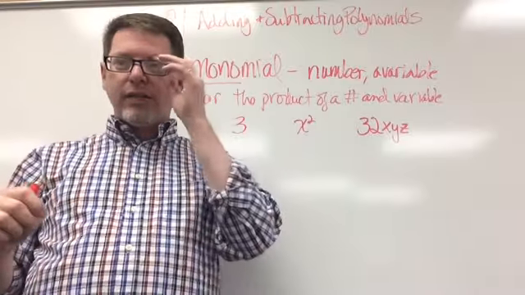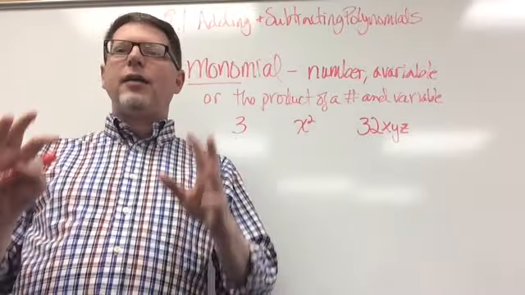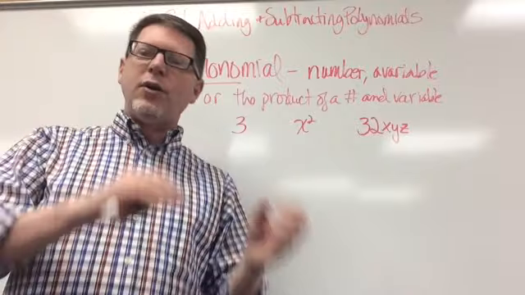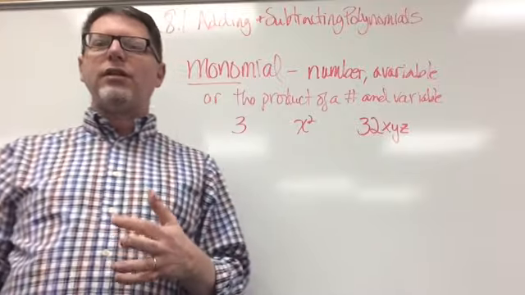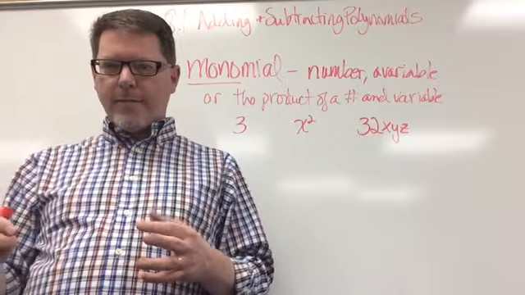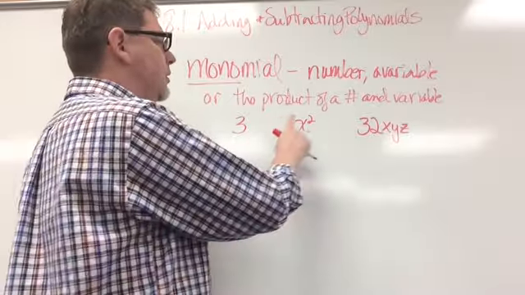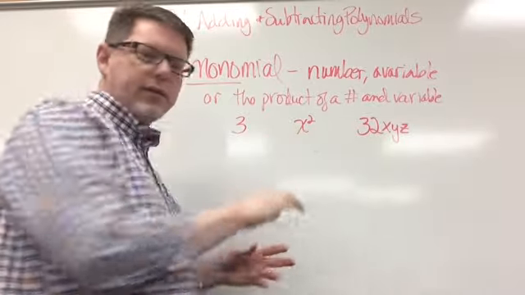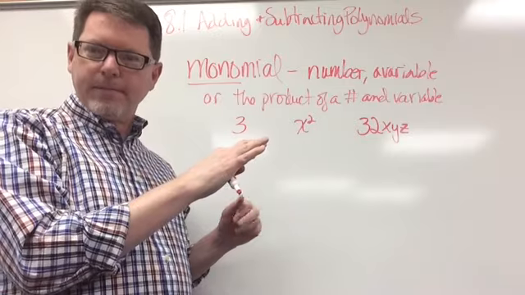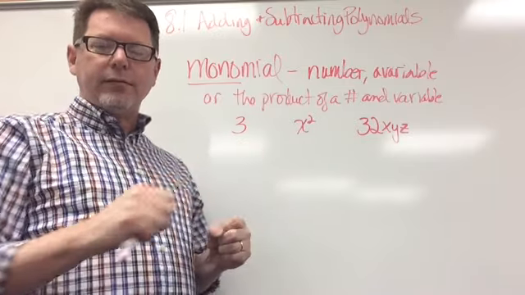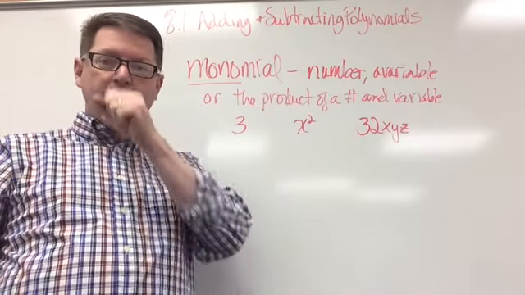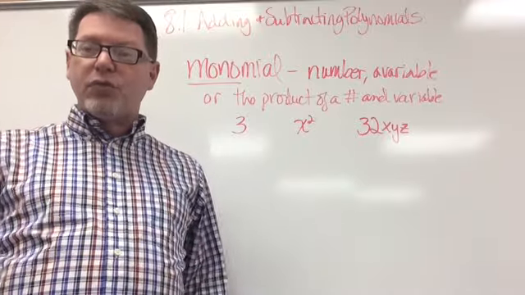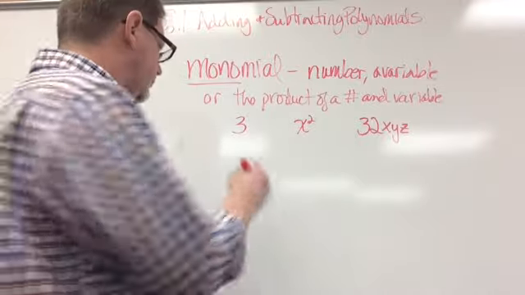It's important to understand what a monomial is, because we have to know what a monomial is in order to be able to identify a polynomial. Okay? Again, a monomial is a number, a variable, or the product of numbers and variables. So all of those are monomials. Now, part of knowing a monomial is finding the degree of the monomial.